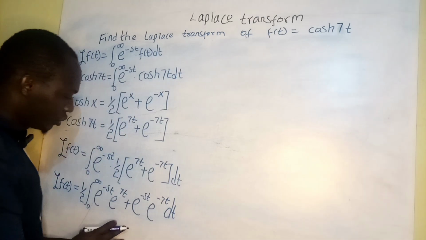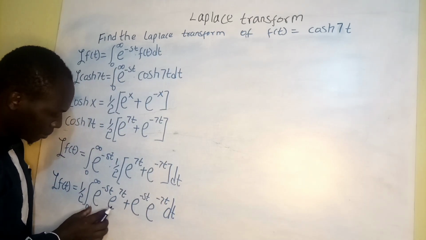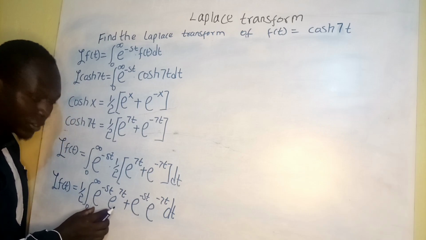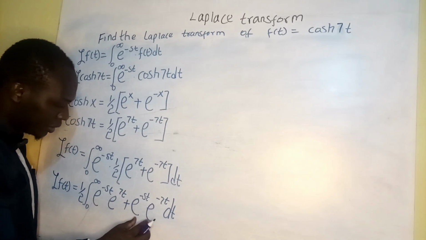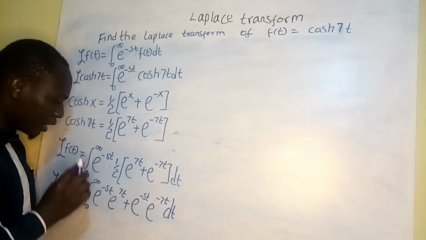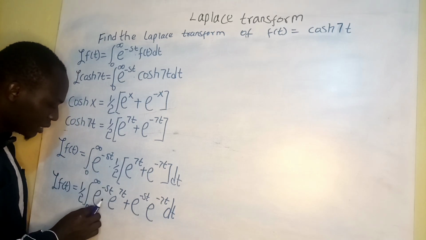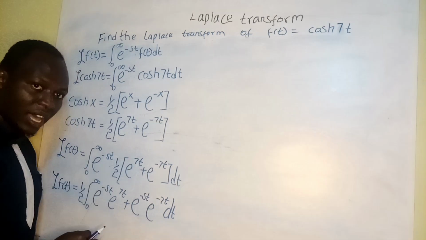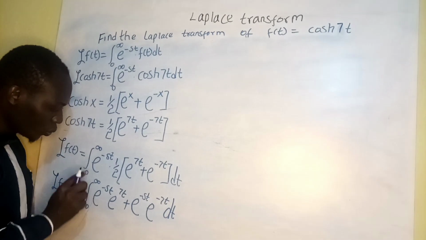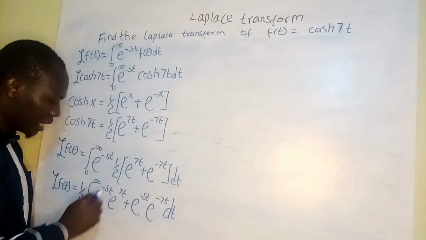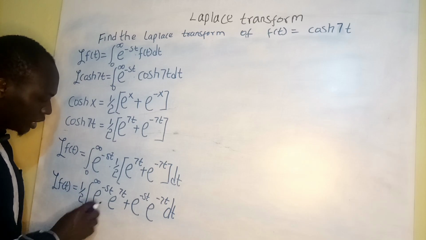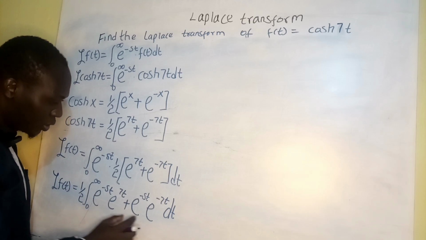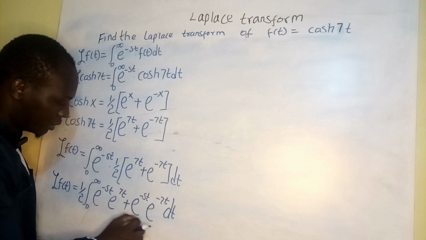From this point, we can use the laws of indices to simplify. When the bases are equal, we take one of the bases and we add the powers when it is a multiplication. That is what we are going to do at this point and at this point.